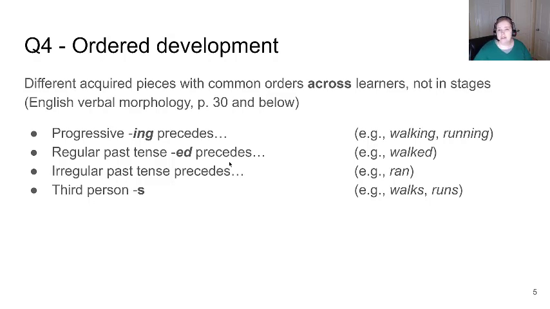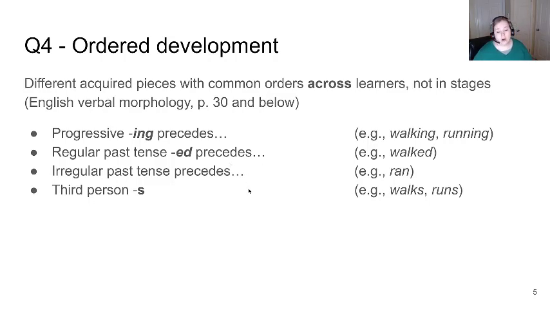But this is on page 30, okay? So ordered development, different pieces within a general phenomenon that aren't building necessarily on each other in a way that the stages do, but just happen to come out in a certain order. Notice I've said here, progressive ing precedes regular past tense, which precedes irregular past tense, which precedes third person S.